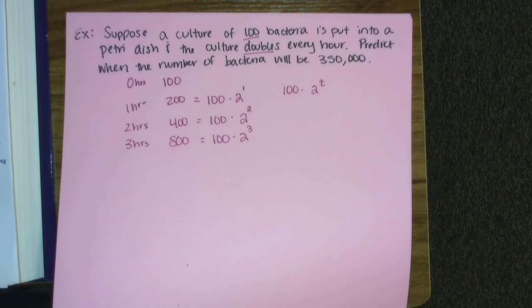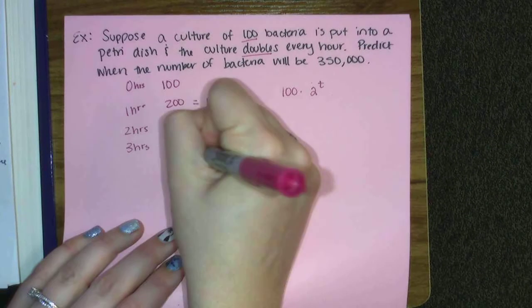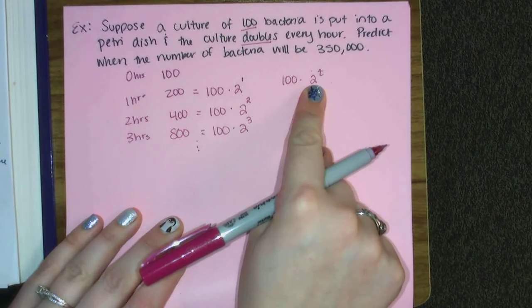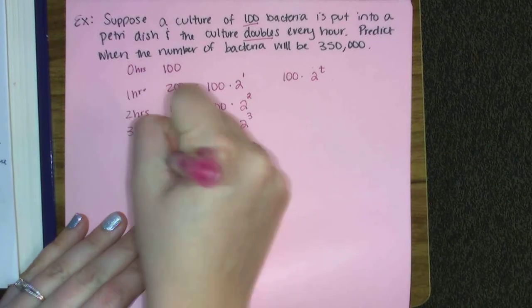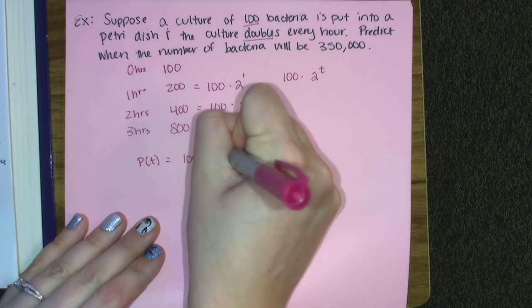So, I know then that it follows this formula. P of t is equal to 100 times 2 to the t.